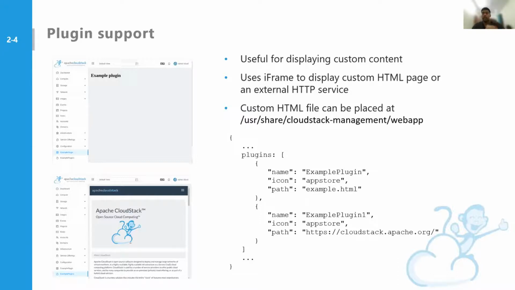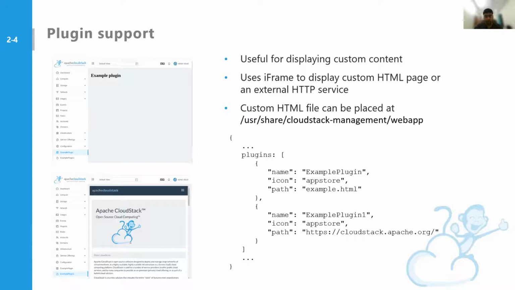Icon here can be an icon from the predefined icons of Ant Design, or it can be a custom icon which we can have stored in the assets folder in the same webapp directory.